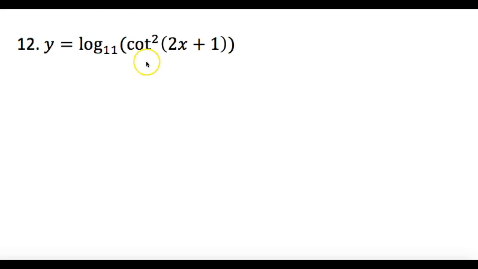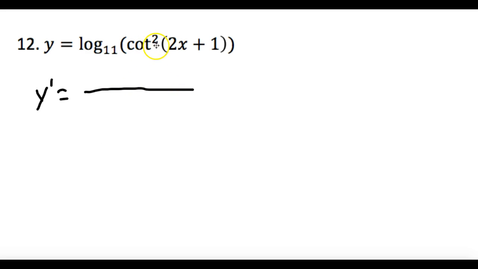Then number 12, this one, we're going to have to use chain rule again here. So the outermost function is a log, so I'm just going to have derivative of the inside over the inside times the natural log of the base.